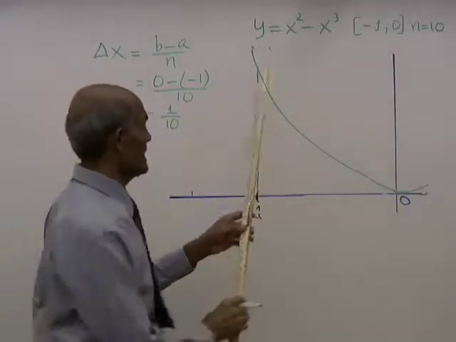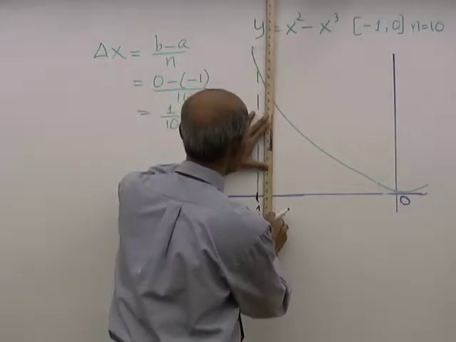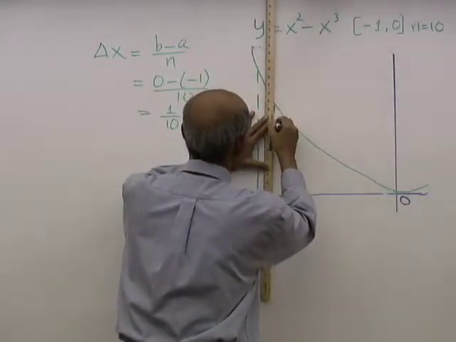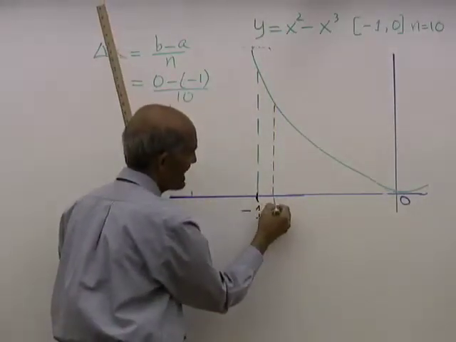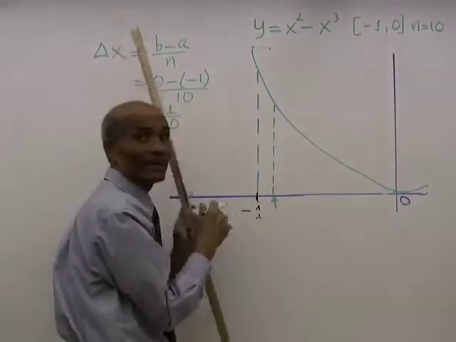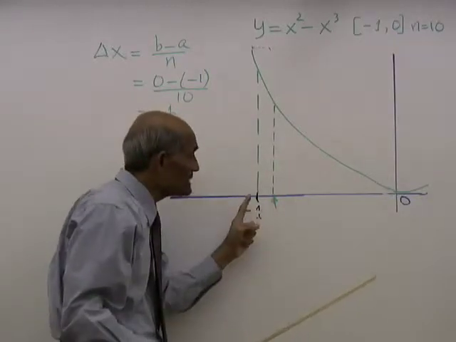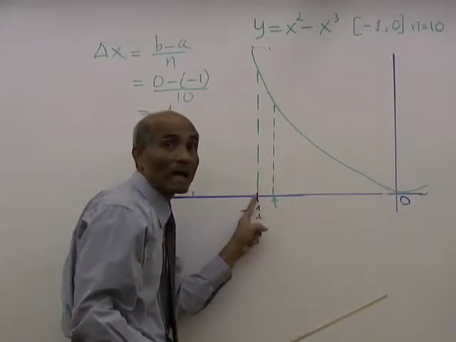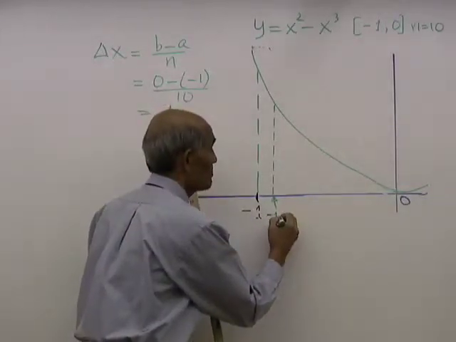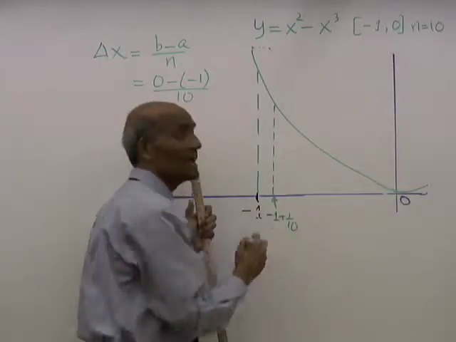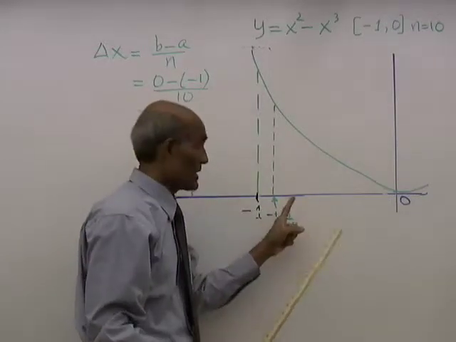All right. Now, if I take the first rectangle, what is the x value there? Remember that x value will be -1 plus this width, which is -1 plus 1 over 10. All right.